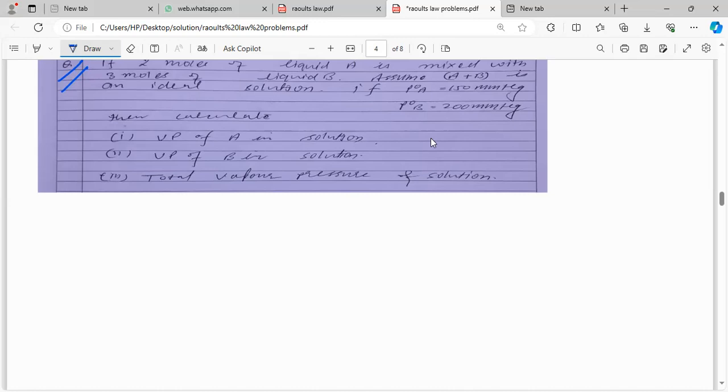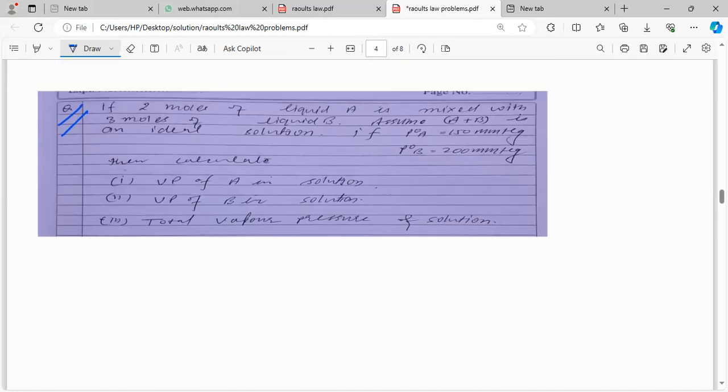Okay. So what they are saying in this question: if 2 mole of liquid A mixes with 3 mole of liquid B, so NA they have given, 2 mole. Now NB also given, 3 mole. Assume A and B is an ideal solution.